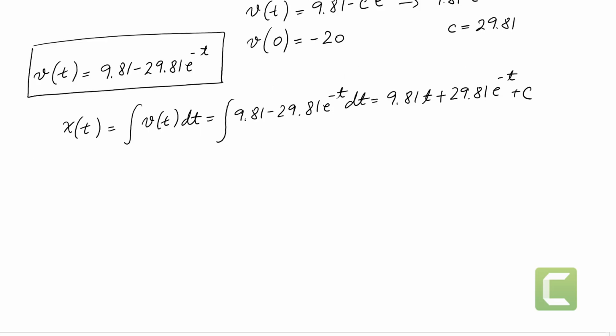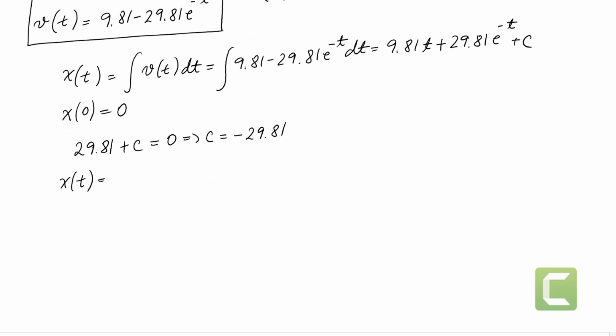Since we consider x of 0 to be 0, like at time 0 it didn't move at all, we have 29.81 plus c equals 0, so c equals negative 29.81. So x of t, the position function, is 9.81t plus 29.81 e to the negative t minus 29.81.